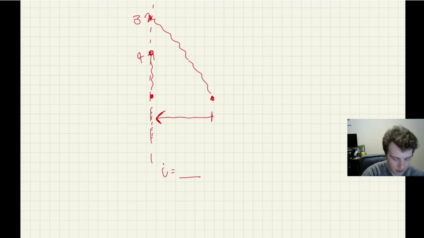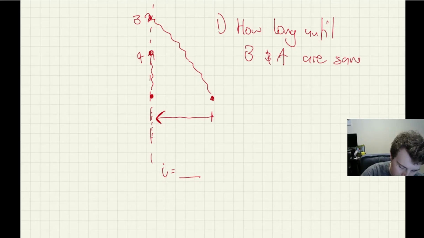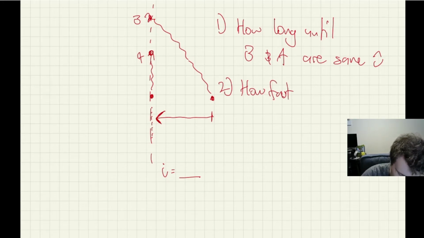that's 3 stages. 1, how long until B and A are at the same I coordinate? 2, how fast is V, B, A in the J direction, sorry.